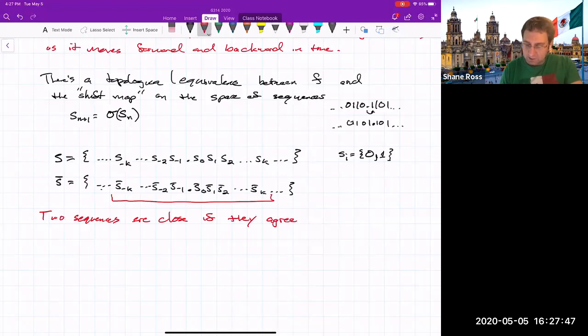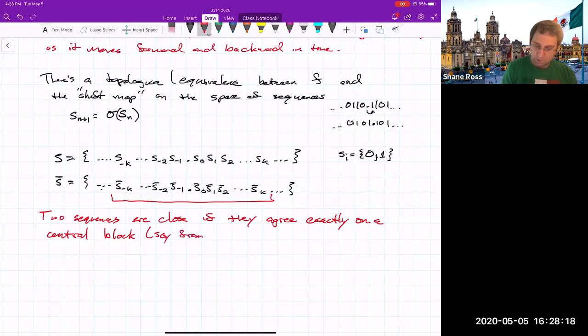And this should make sense intuitively because the two sequences agreeing on a central block, from the negative kth to the kth symbol, in terms of dynamics means they have the same past and future whereabouts, at least over a certain finite amount of time. So that would mean common behavior over a finite time.